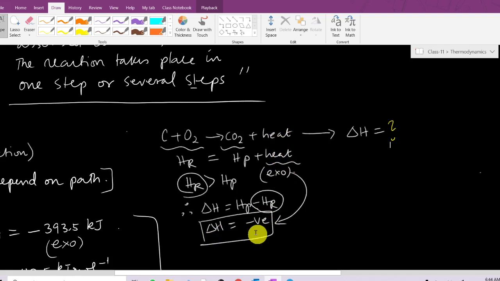Similarly, for any endothermic reaction, suppose you take a reaction, say reactants plus some heat supplied, which goes on to form products.